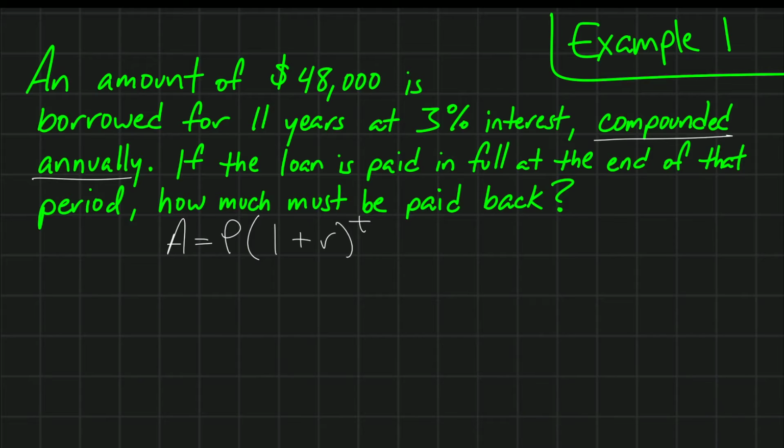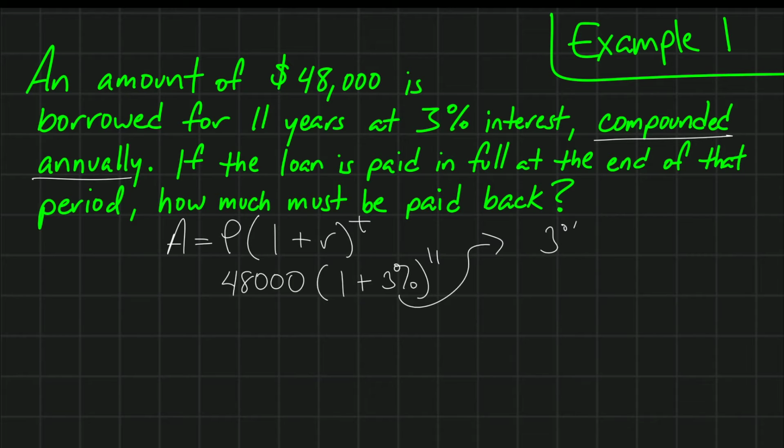So our P is going to be 48,000. We have 1 plus our R, which is 3%, raised to the power of 11 years. We need to convert that 3%.